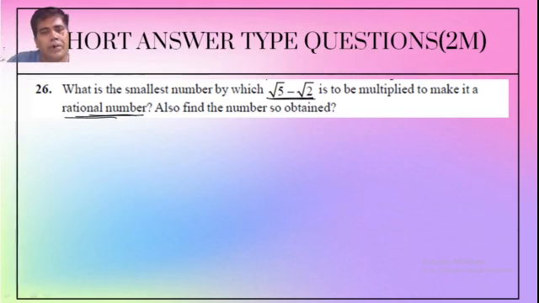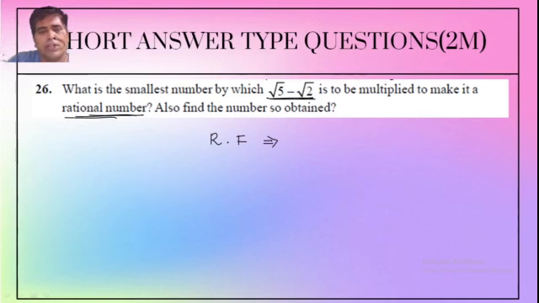It's a very simple way. You have already heard about a rationalizing factor. So what is a rationalizing factor? If you multiply with the rationalizing factor, definitely you will get a rational number. There are many forms.